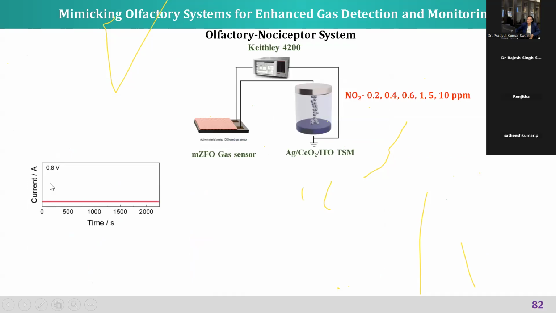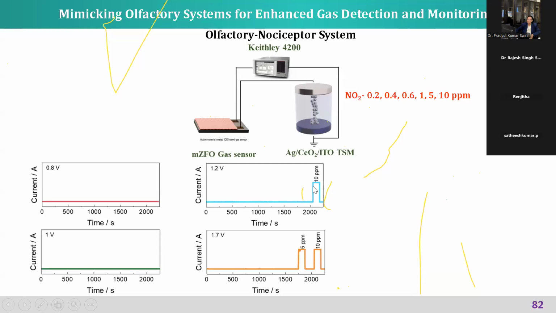Now, you have a bias of 0.8 volt, and the sensor is not responding to gases. But when you increase the bias to about 1.2 volt, the sensor starts responding to 10 ppm of gas. When you further increase the bias, the sensor responds to 5 ppm of gas.